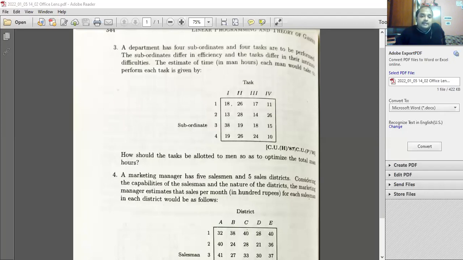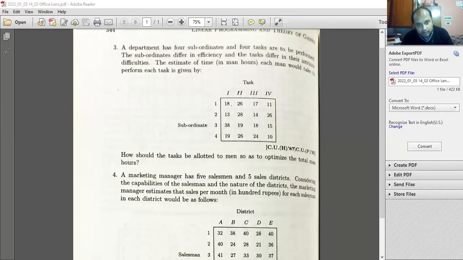Therefore this assignment problem is a minimization type of problem, and we are going to assign subordinates to the tasks. But we keep in mind that only one subordinate is allowed to do only one task at a time, and vice versa.